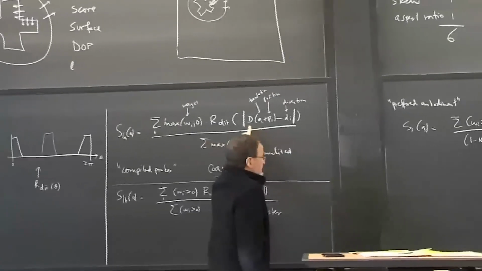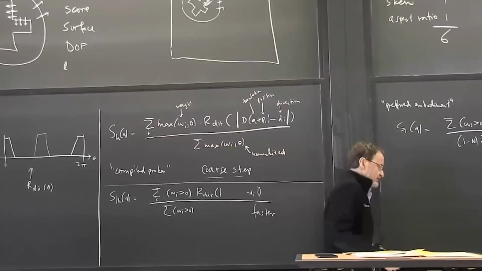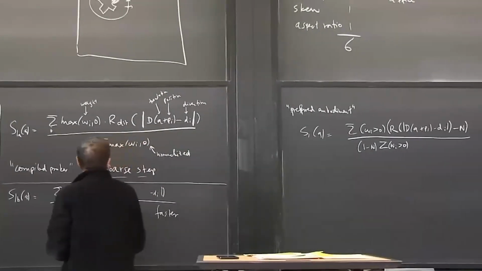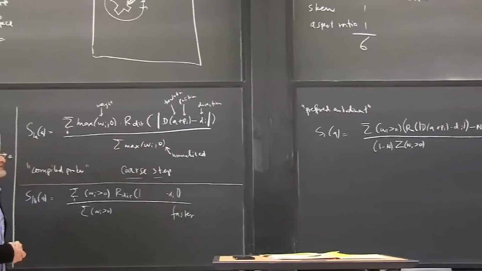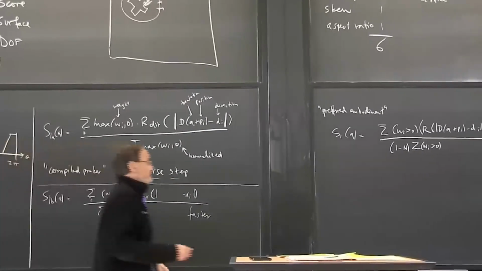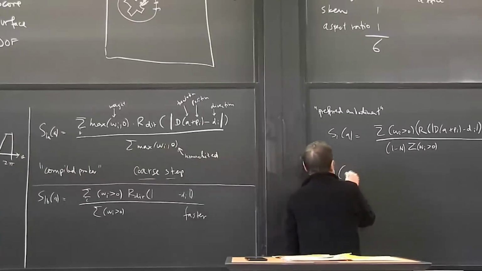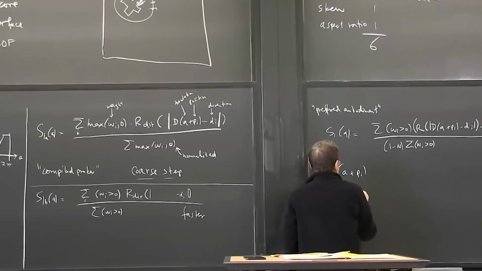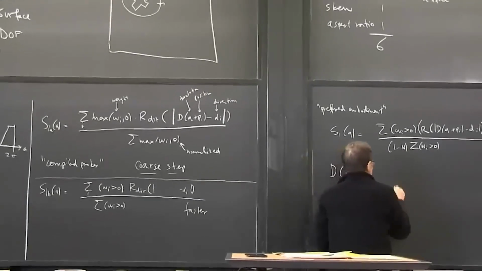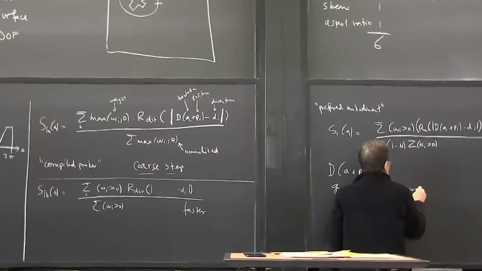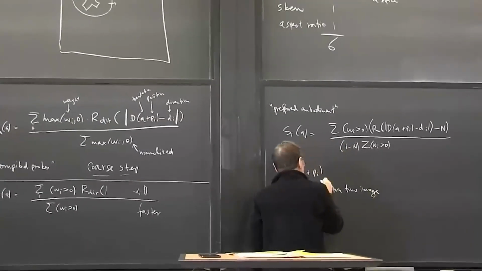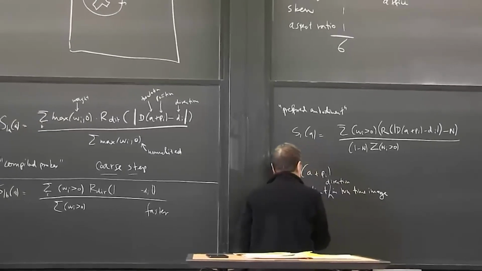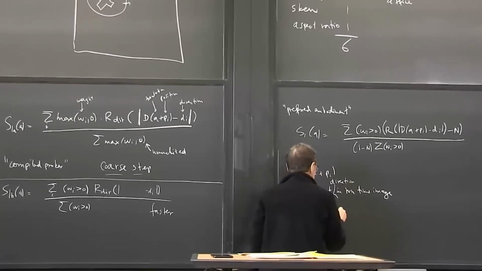Okay, so D is the function that tells you what the gradient direction is in the runtime image, at A plus pi.